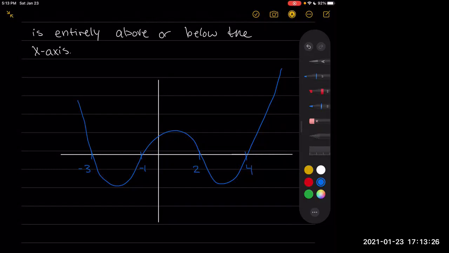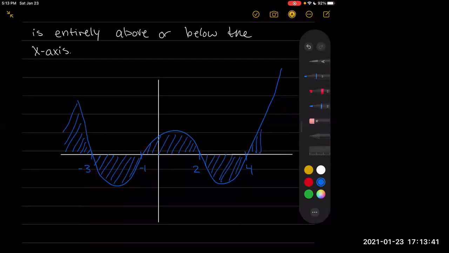Then we can shade under our graphs in between our successive zeros. And we can see that in between each one, we have either negative regions or positive regions.